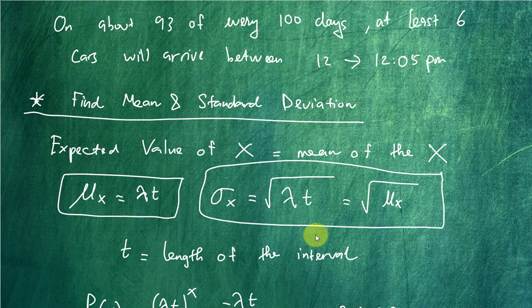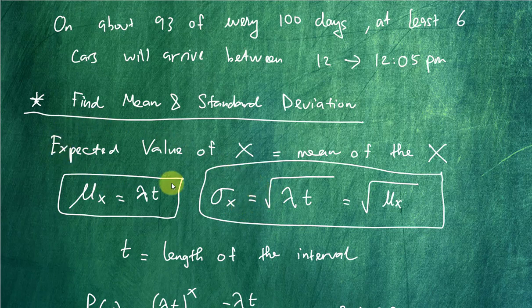And to find the standard deviation, we can take the square root of the mean. So take the square root of lambda t to get the standard deviation.